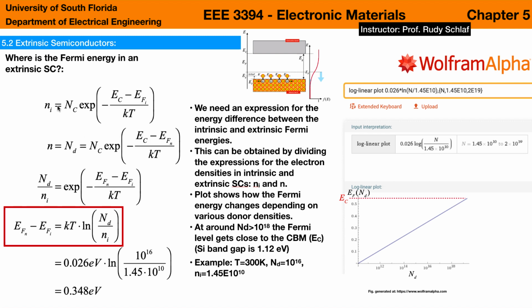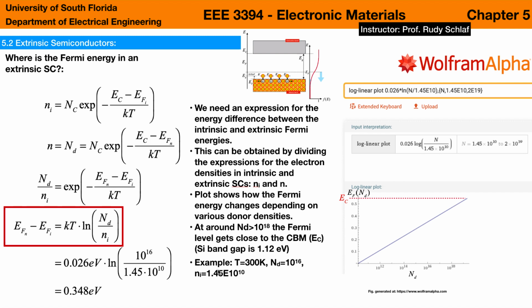And so it turns out if we divide these two, so if we calculate Nd divided by the intrinsic carrier density, then we get the exponential function of the difference between the extrinsic and the intrinsic Fermi levels. So by taking the logarithm of this equation, we liberate that difference, and we can say that the difference of the Fermi levels is just kT times the logarithm of the donor density divided by the intrinsic carrier density.